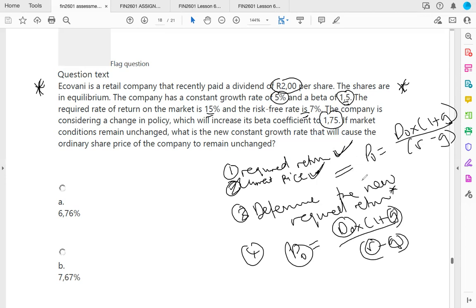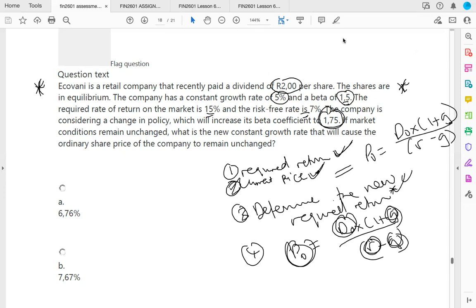Then determine the new required return using the beta of 1.75. And then substitute that new required return here, the dividend you've been given, and the price, and then solve for g, the new constant growth rate. So put the recording on pause, give that a try, and when you're done, you can put the recording on play.